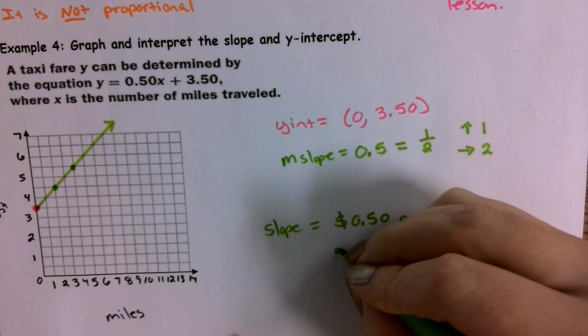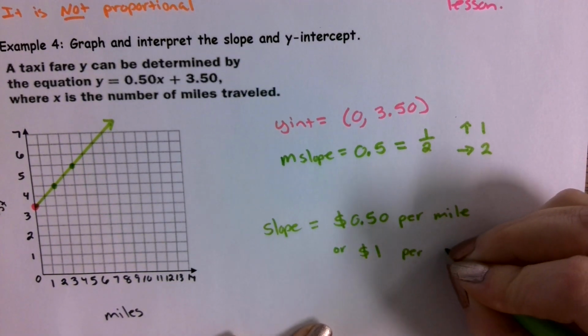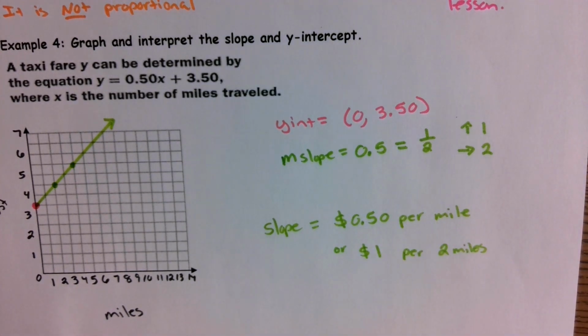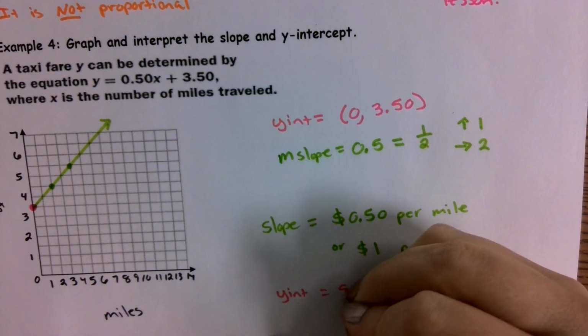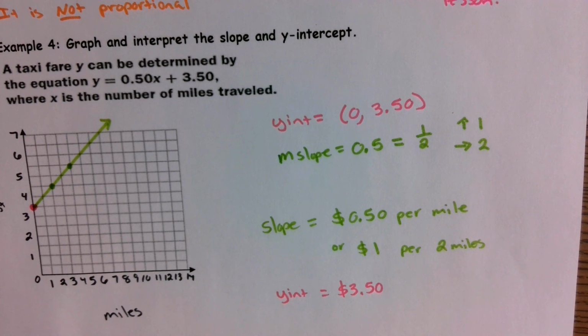Or you could even write it as $1 per 2 miles. And then your y-intercept being $3.50, that's your initial cost before you start traveling.